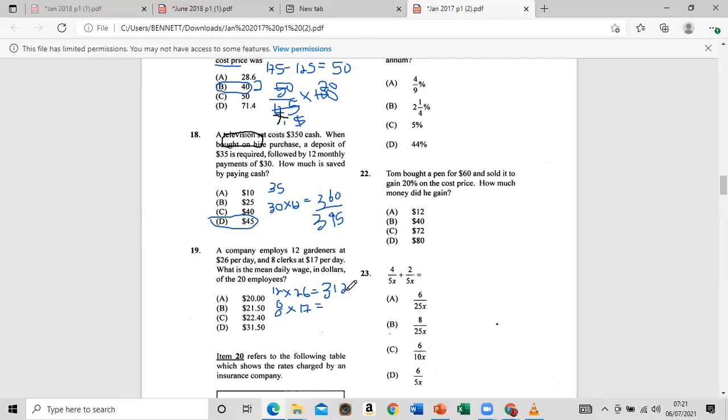We get 756. And 36. So this is 136. So if I add this now, I find the total.